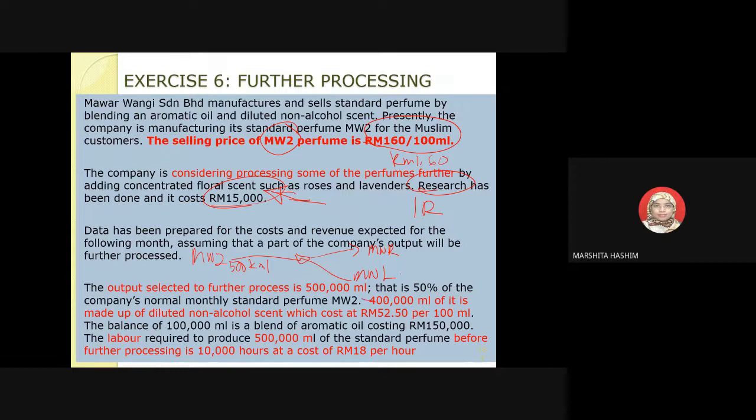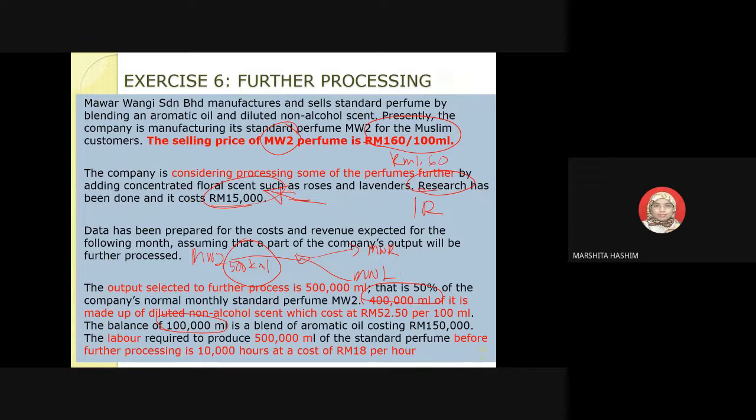So 400,000 ml plus 100,000 ml equivalent to 500,000 ml. Labor required to produce 500,000 ml of the standard perfume before further process is 10,000 hours at cost 18,000 ringgit per hour.